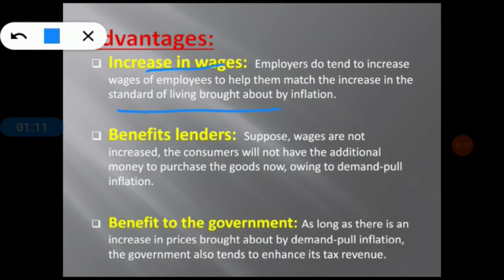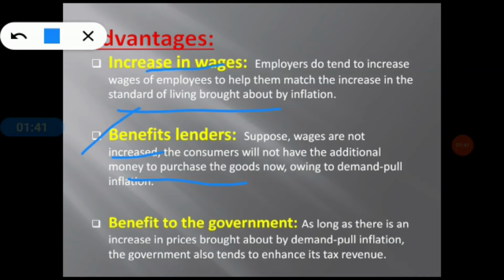Now going to the next point, that is it benefits lenders. Economics depends on full of assumptions. Here we can assume wages are not increased, so consumers will not have additional money to purchase the goods now, and prices will increase due to inflation.